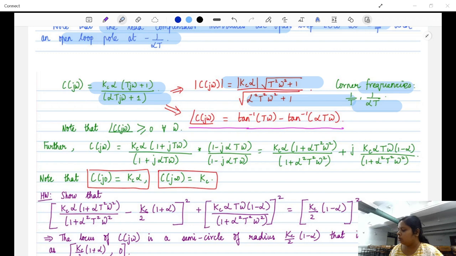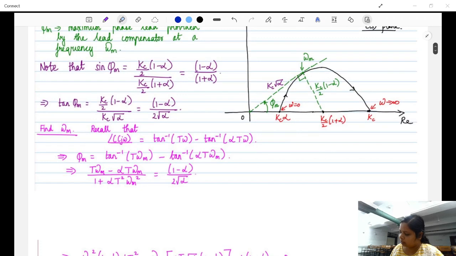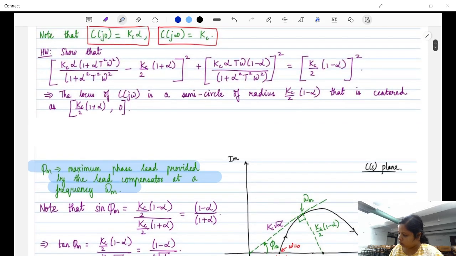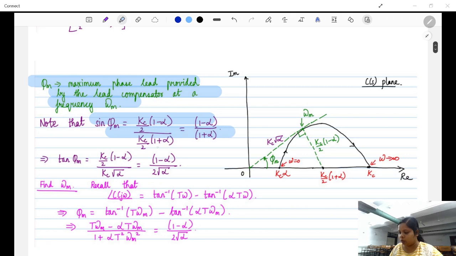All of these were already taught in the lecture. What is really important is phi m, the maximum phase lead provided by the lead compensator at a frequency omega m. Sine phi m is given by this whole expression. We had a very similar question in the last interaction session where we found out the maximum phase lead that can be provided.